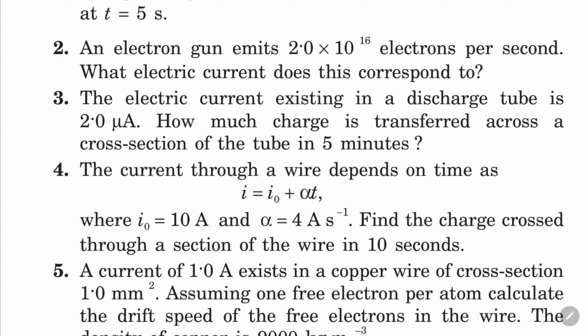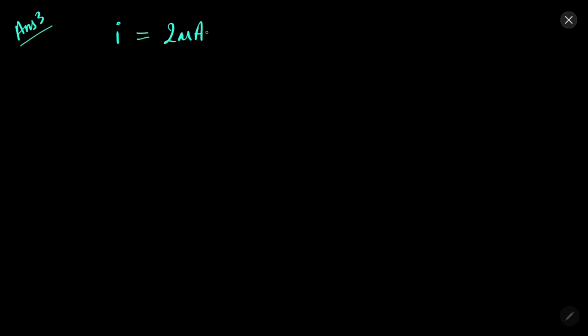In question 3, the electric current existing in a discharge tube is given. How much charge is transferred across a cross section of the tube in 5 minutes? So this is the third one. First of all, current is 2 microampere, time is 5 minutes or 5 into 60 seconds.